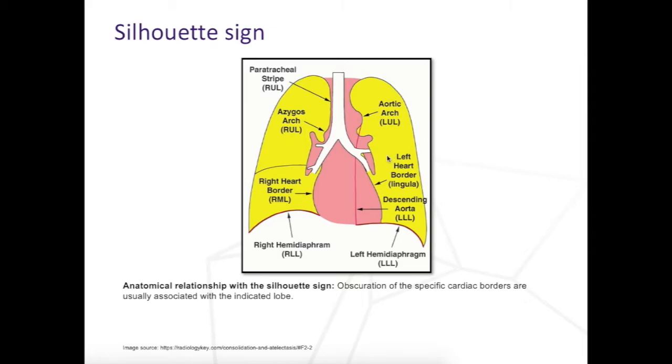What I mean by that is, for example, if the right middle lobe collapses due to the push and pull effect of the chest, it pulls the right middle lobe towards the heart, and so you often lose this particular border.